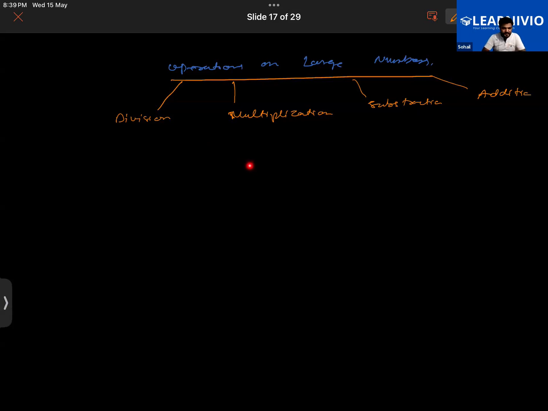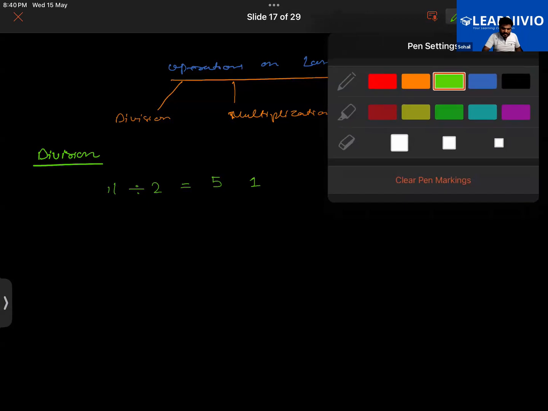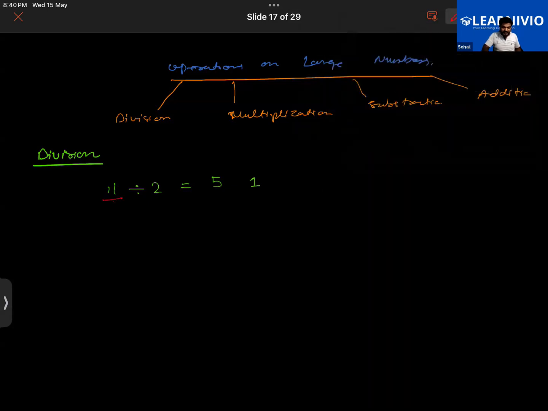Say that you have numbers like 11, and you are dividing it by 2. That gives you 5 and a remainder of 1. Here the number 11 is called the dividend, the number that is to be divided.